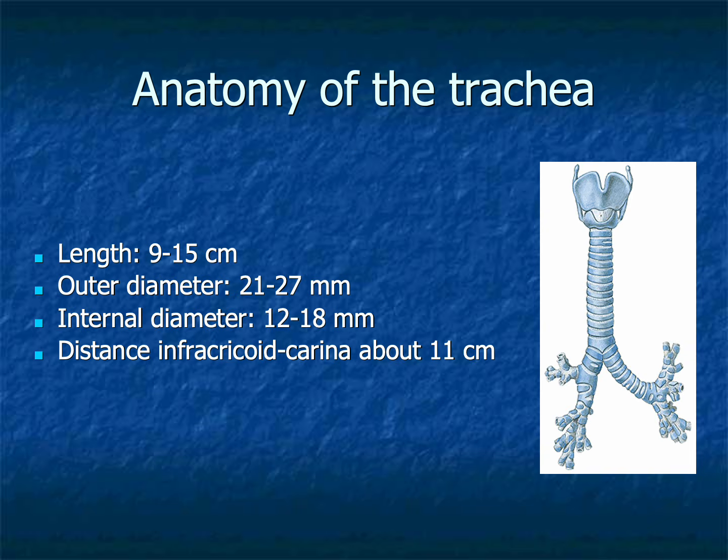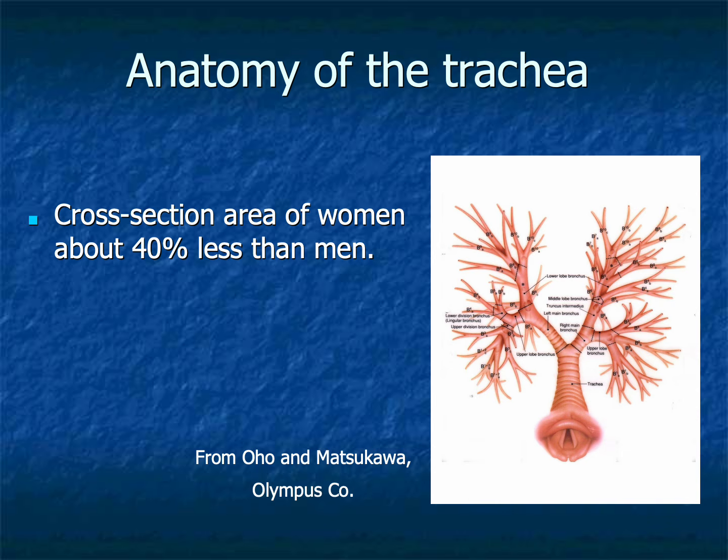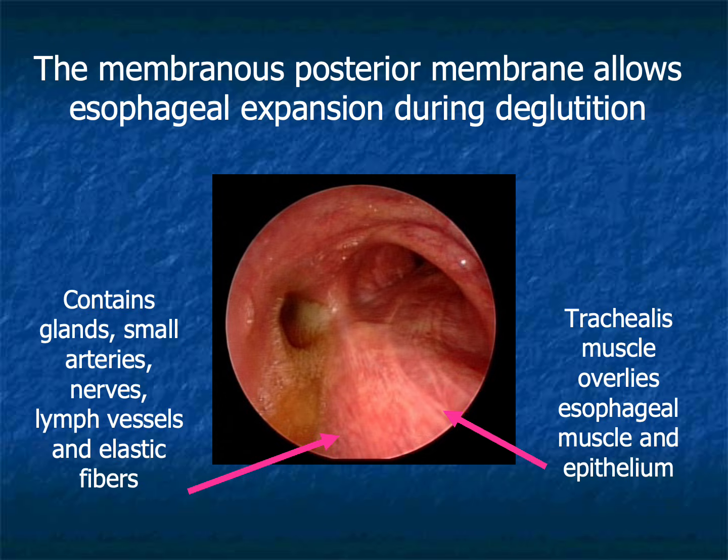These slides review the dimensions and structural characteristics of the trachea. The adult trachea generally measures between 9 and 15 centimeters in length and contains approximately 18 to 22 cartilaginous rings. Its dimensions vary considerably between individuals and between sexes. The posterior membranous wall differs fundamentally from the cartilaginous anterior wall.